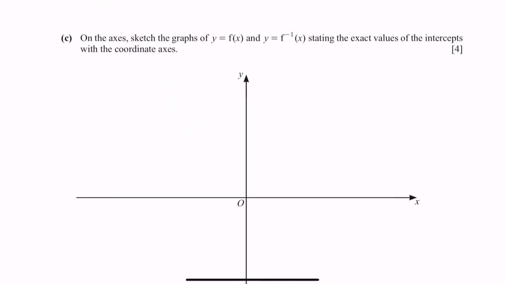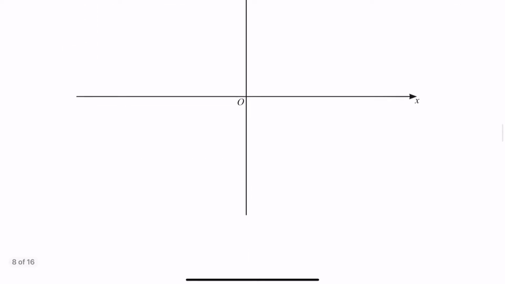For part C, we need to sketch the graphs of y equals f(x) and y equals f inverse. So we also need to state the exact values of the intercepts with the coordinate axes.